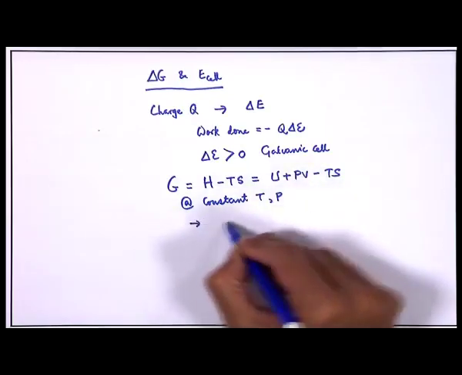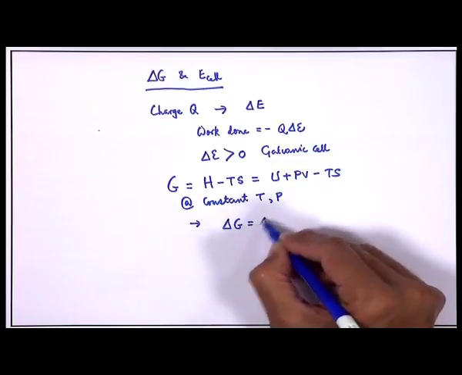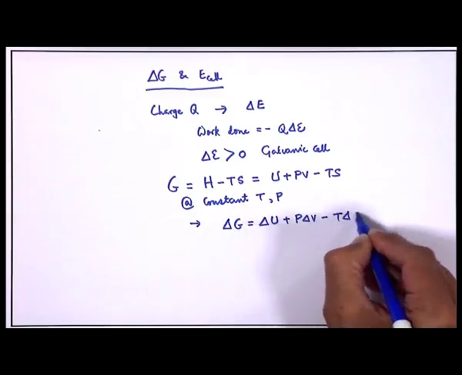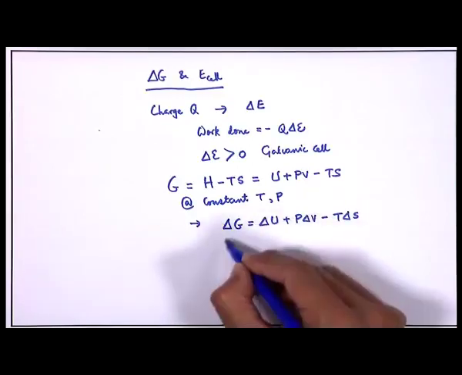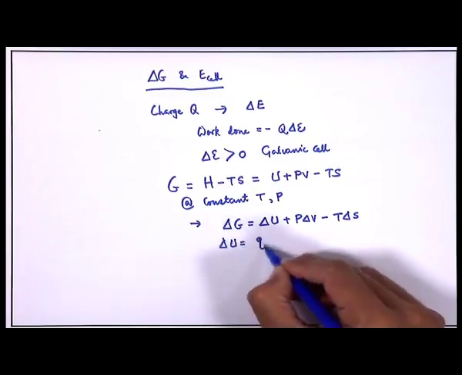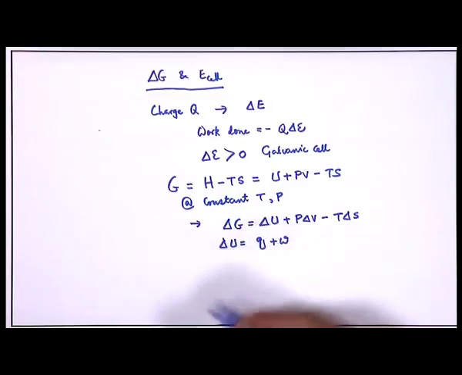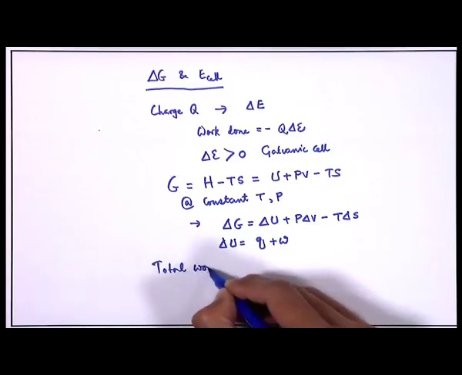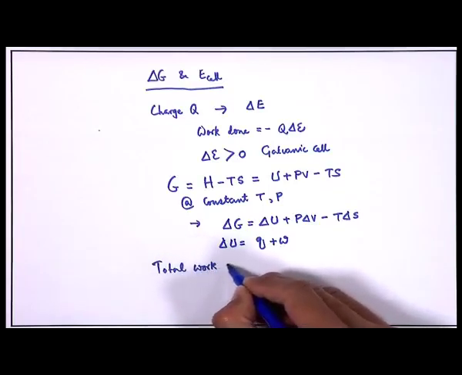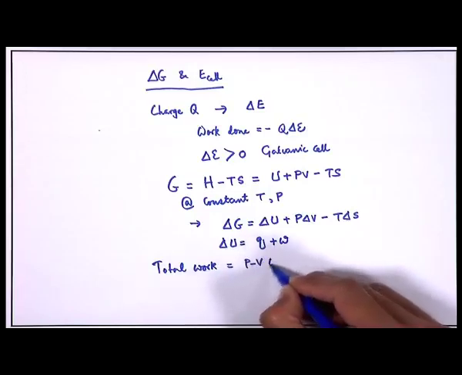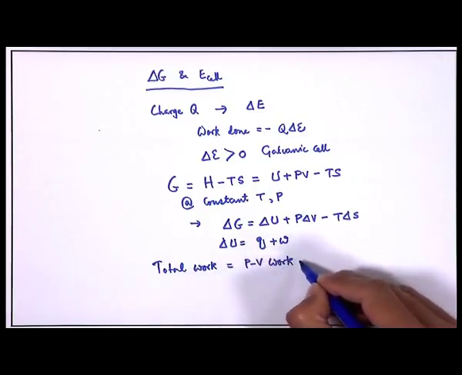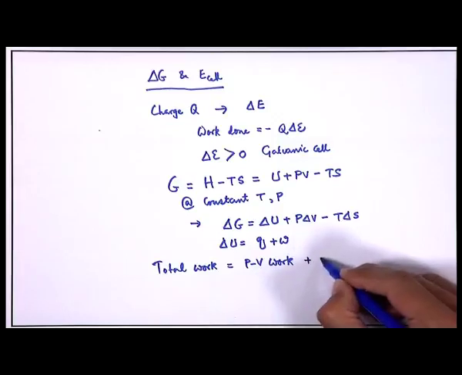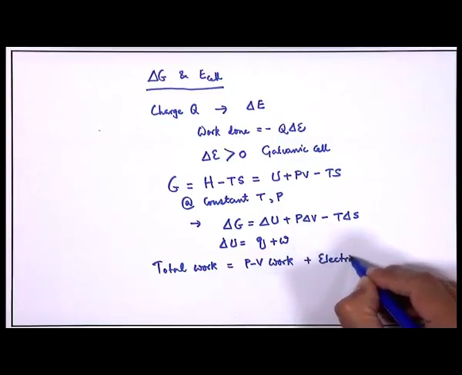We can write delta G is equal to delta U plus P delta V minus T delta S. Now, delta U is equal to Q plus W. So, the total work is equal to the mechanical PV work and non-mechanical work, which for an electrochemical cell is the electrical work.